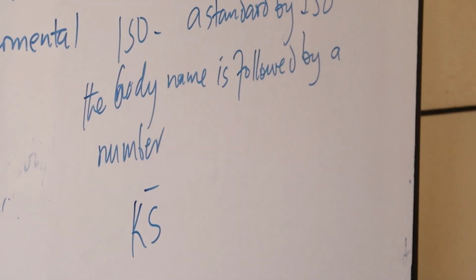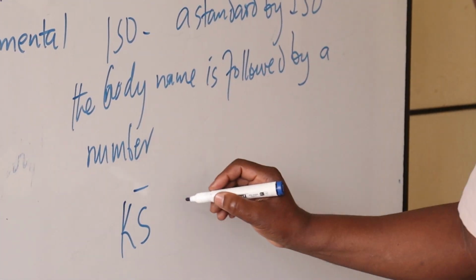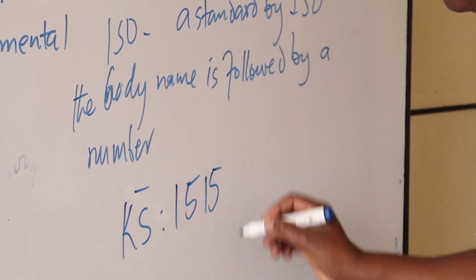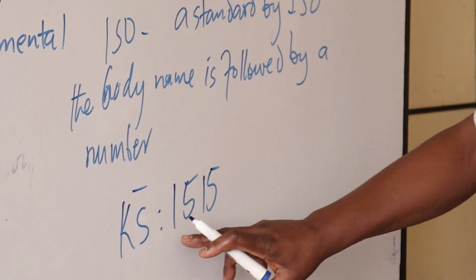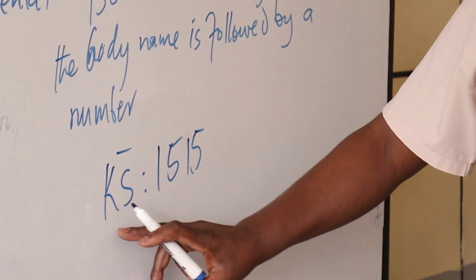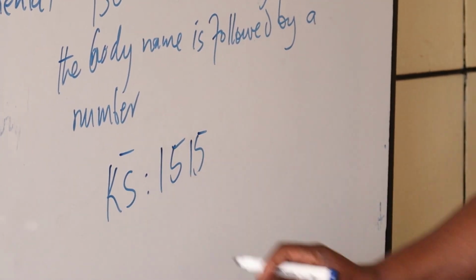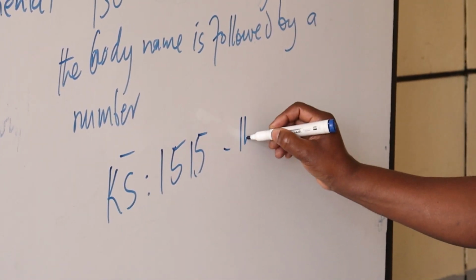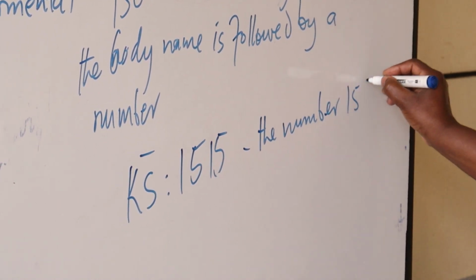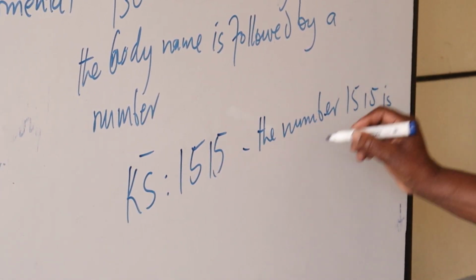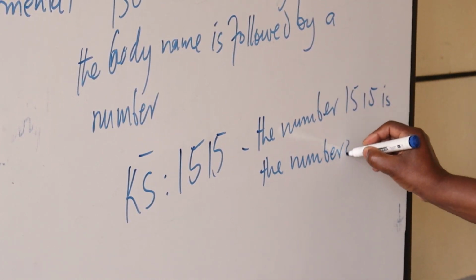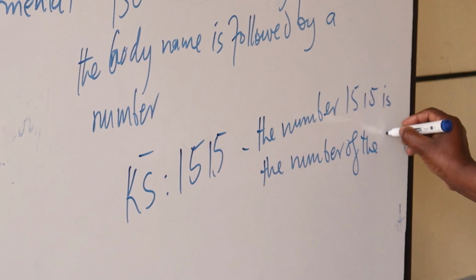KS, for example, KS 1515. This means it is standard number 1515 made by the Kenya Bureau of Standards. The number 1515 is the number of the standard.